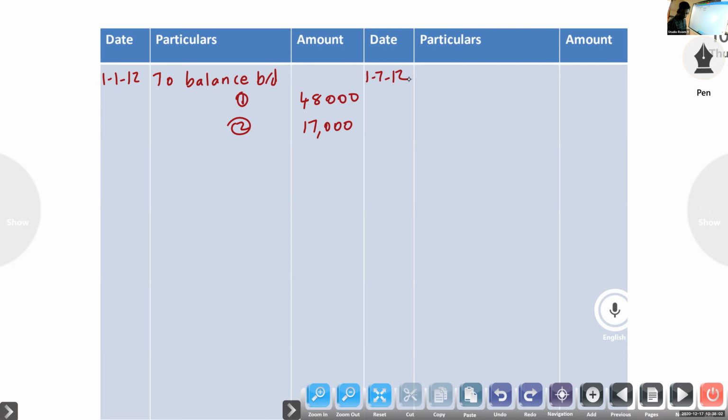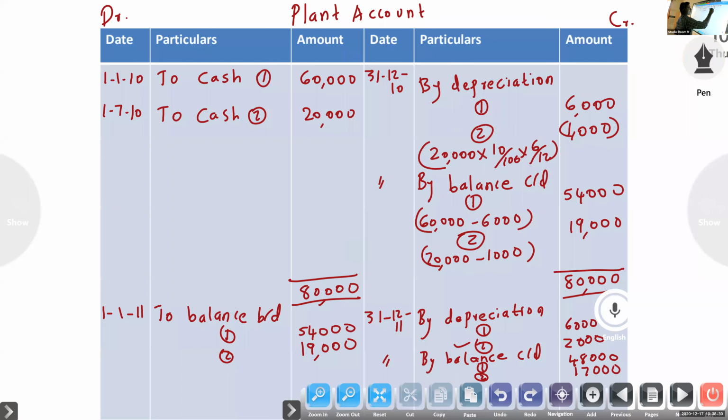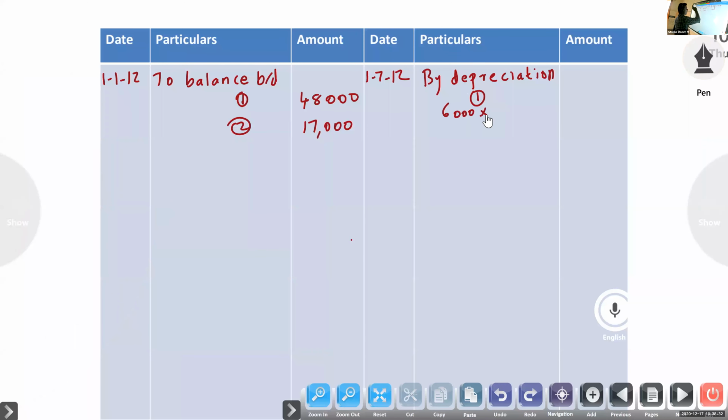The plant purchased on 1st January, that means first one, this one 48,000, that one we sold for rupees 27,000. So if there is a sale, first you have to write by depreciation 1. So you look at that first one, depreciation 6,000. So this year 1st January to 1st July, 6 months we used.